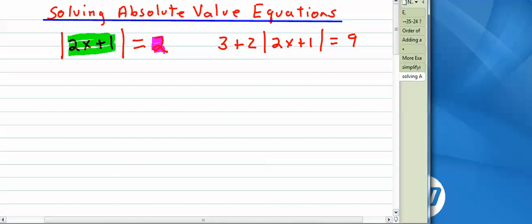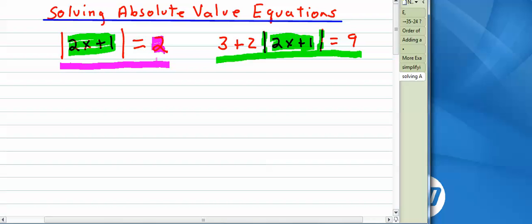Now, we do not have an expression in an absolute value set equal to something. This absolute value expression is multiplied by 2, and then we add 3. When we encounter problems of this type, we're going to have extra work. First of all, I want to focus on problems like this.